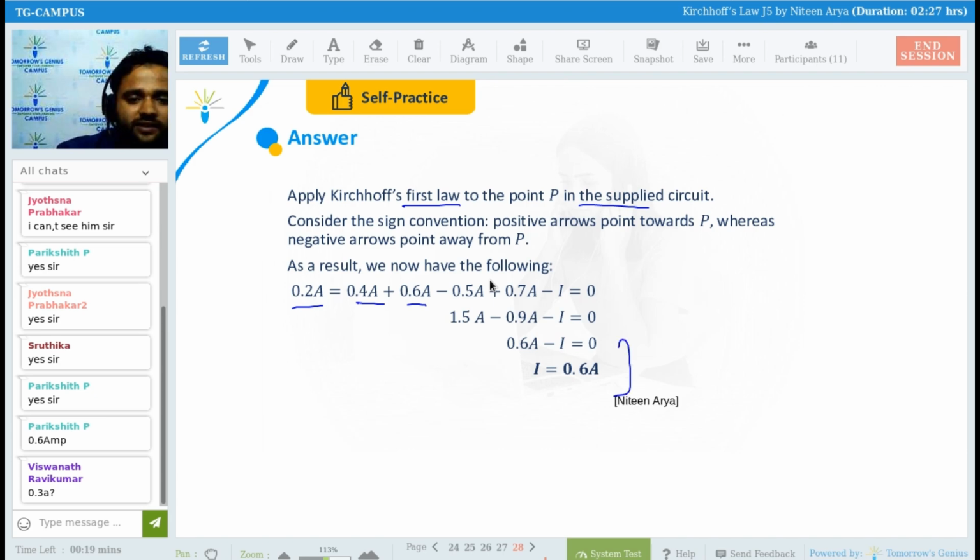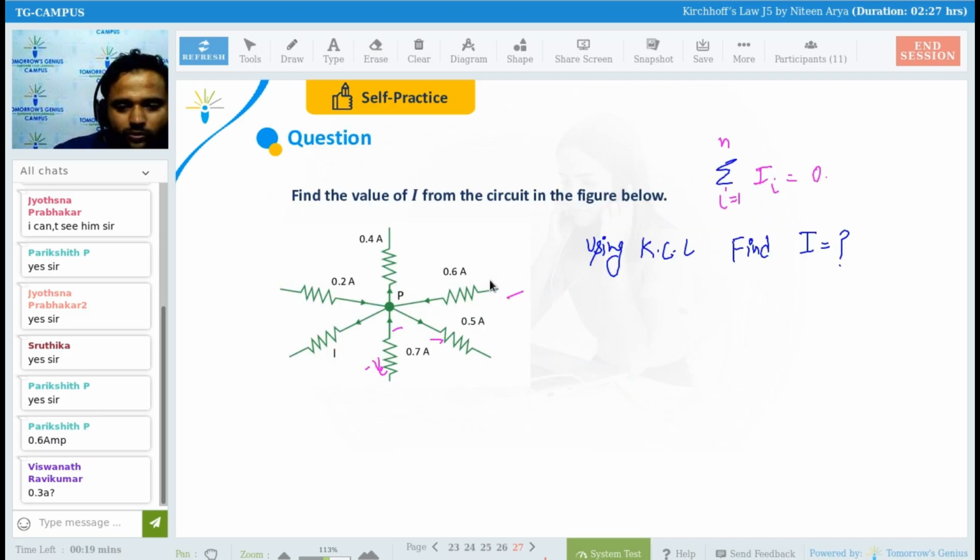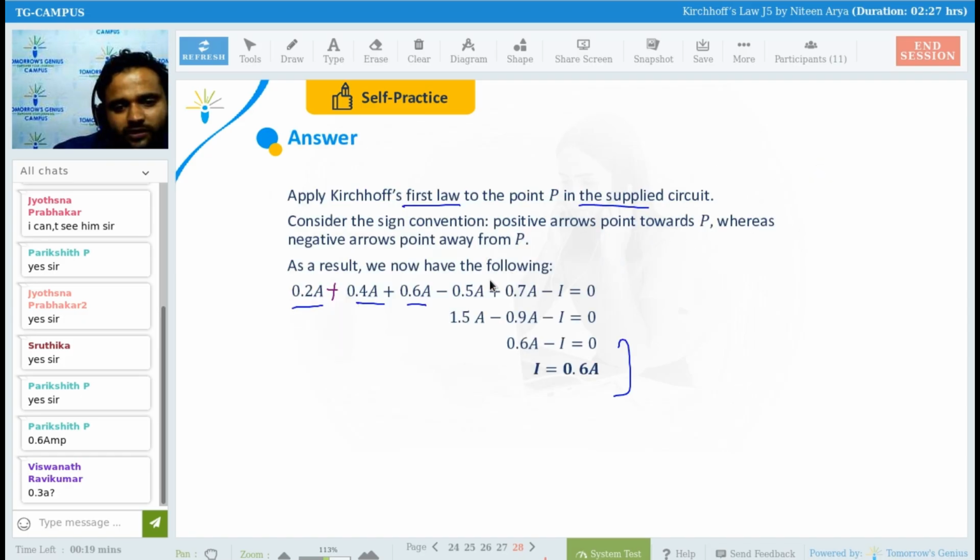This is plus, not equals. If I'm not wrong, 0.2 is going in, so that is taken as negative, and 0.6.